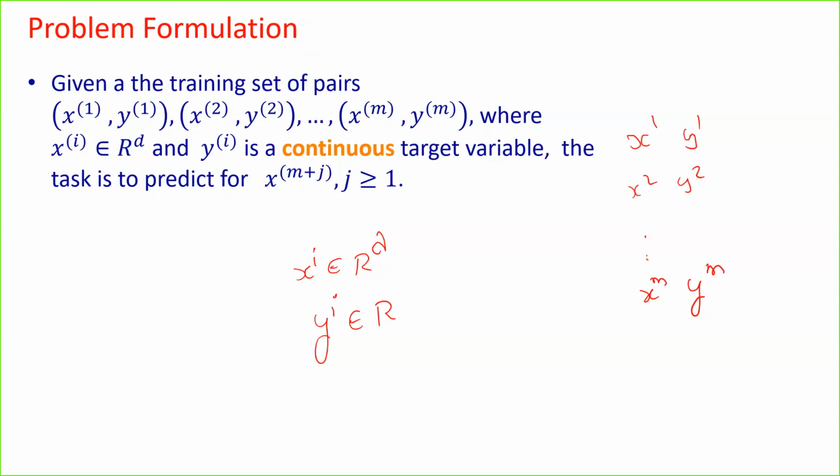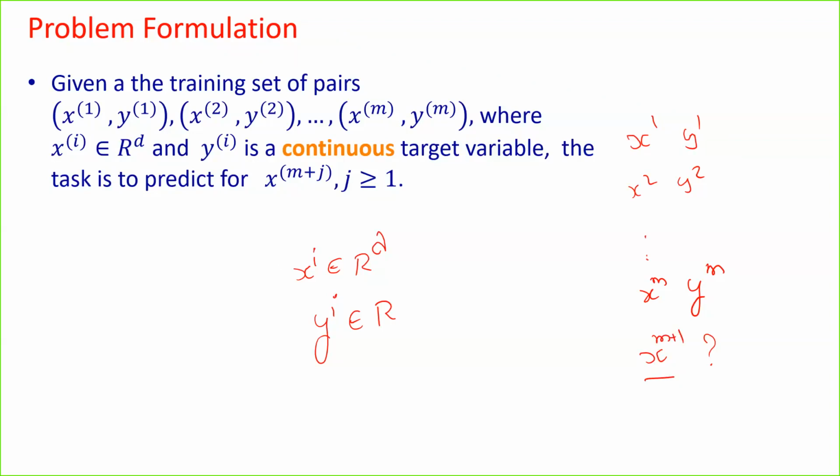Given this data set of m instances of input-output pairs, and given a new instance for which we only know the input vector but not the corresponding target value, the task is to predict it. This is the regression problem.